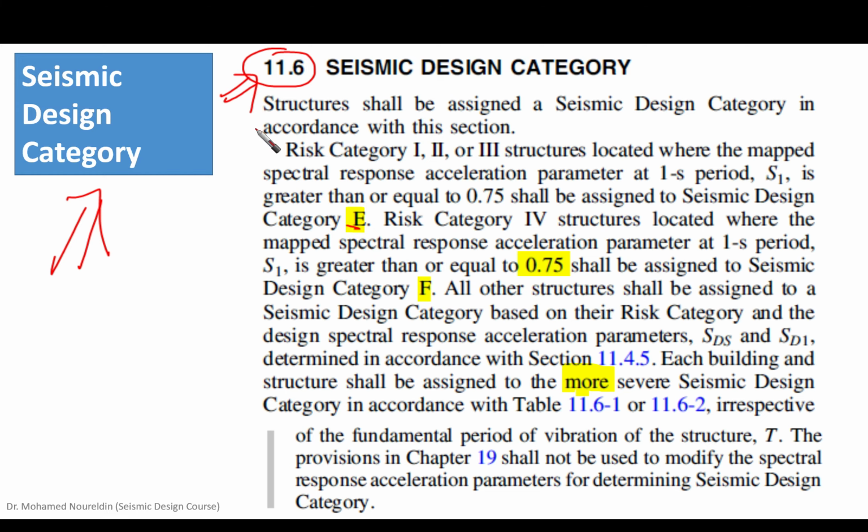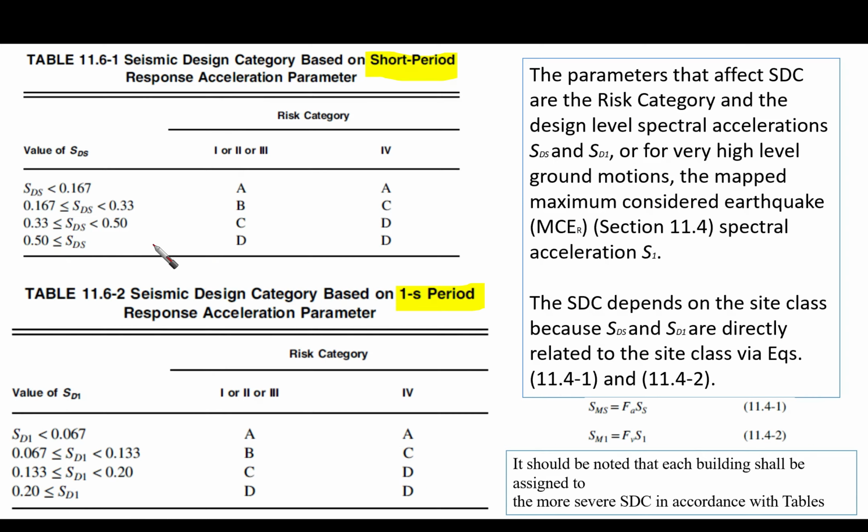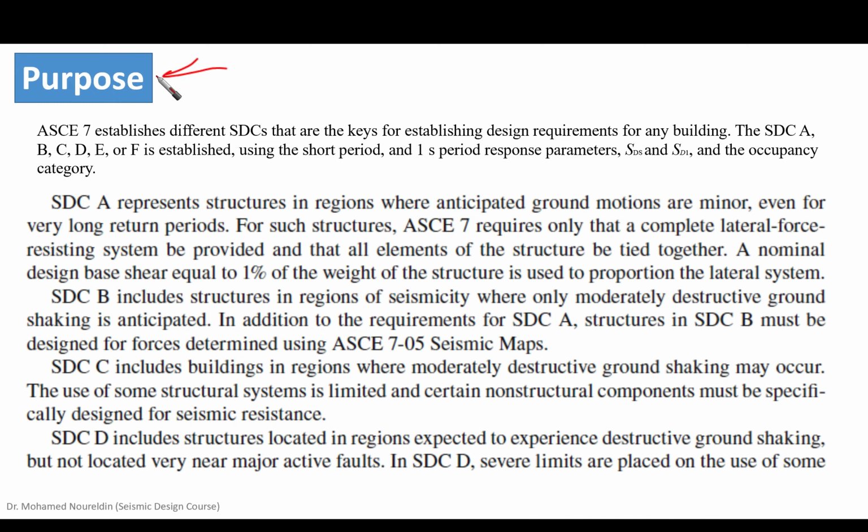Now I'm going to read it after first giving the main concept and the purpose of the seismic design category. ASCE established different SDCs, which are seismic design categories, that are the keys for establishing design requirements. So it is going to give us the design requirements for the building.